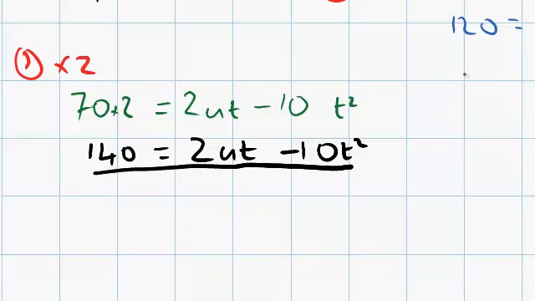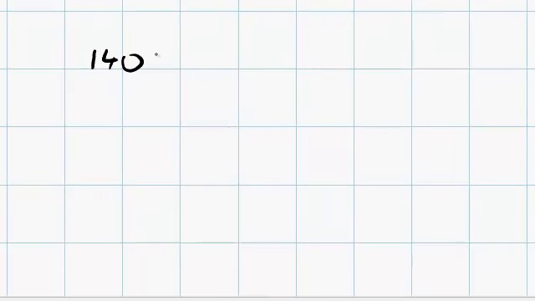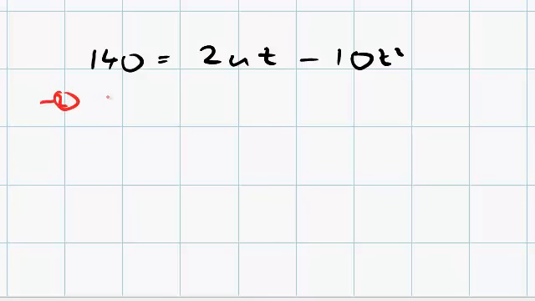Now, looking again at this one here. What we could do, like a simultaneous equation, is subtract equation 2 from equation 1. So 140 is equal to 2ut minus 10t squared, and I'm going to use minus equation 2, which would be minus 120 minus 2ut plus 20t squared.